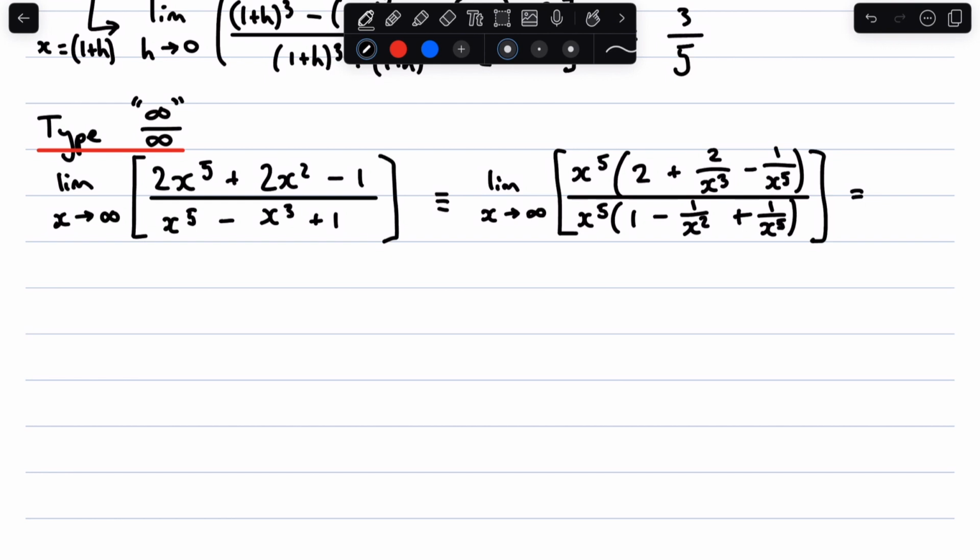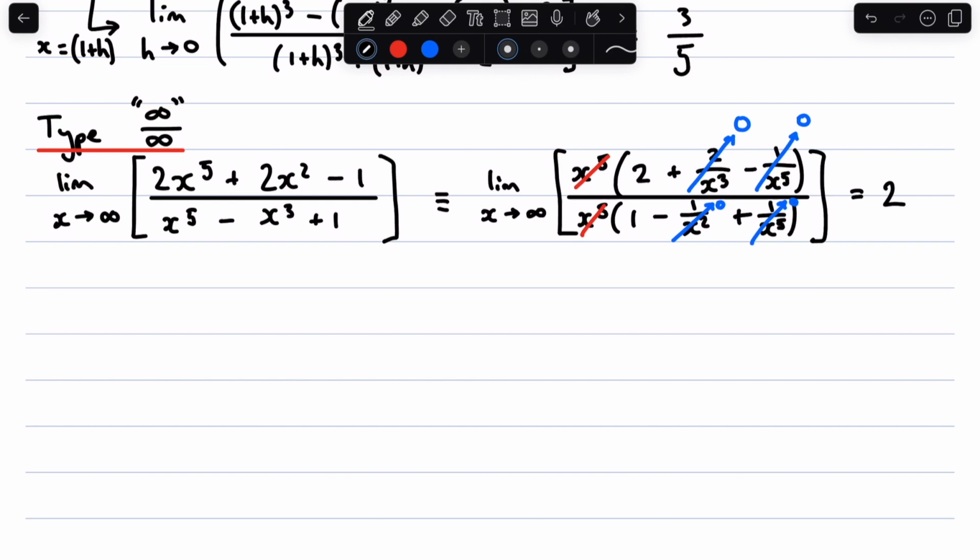And we can then cancel out these powers of x to the 5 here, and then these fractions, as x tends to infinity, they'll all tend to 0. So we're left with just 2 divided by 1. So our answer is 2.